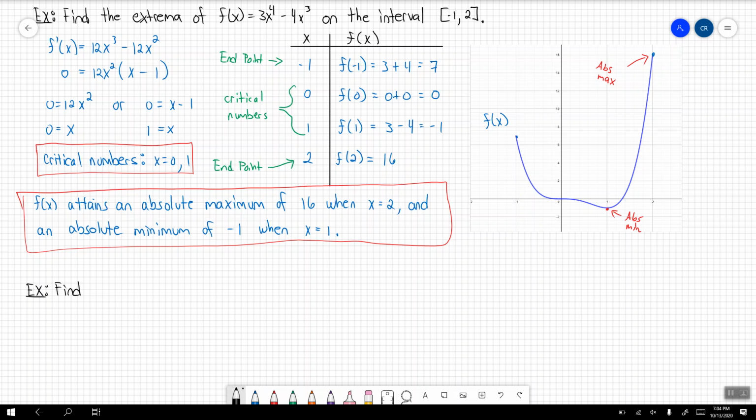We want to find the extrema of the function, we're going to call this function g of x, which is going to be equal to 2 sine of x minus cosine of 2x on the interval from 0 to 2 pi.